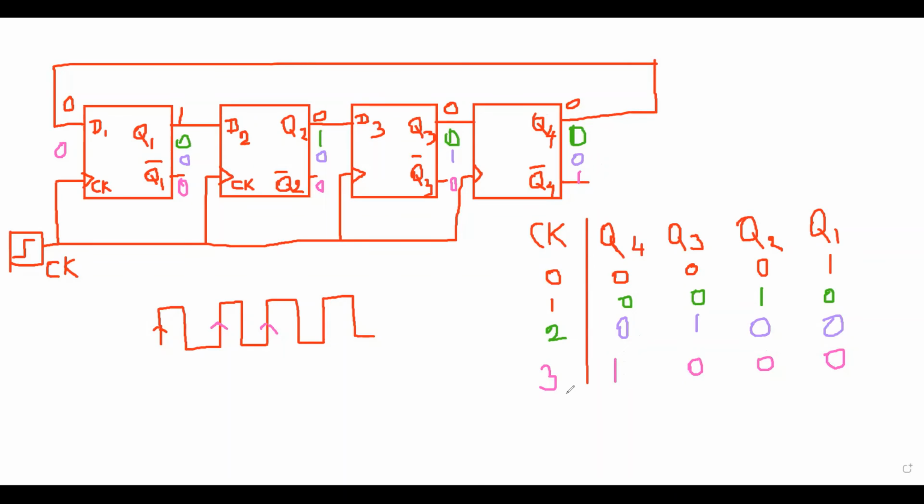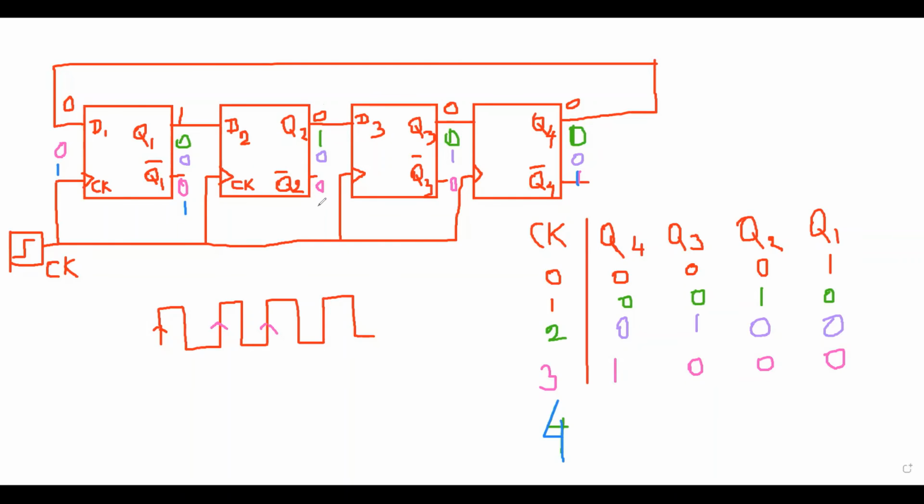Then for the fourth clock pulse, this 1 will move to the first input. So here we have 1, then this 1 will move to the output, then this 0 is the input for the second D flip-flop.